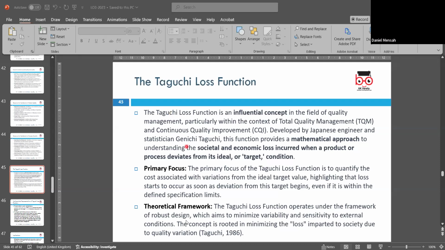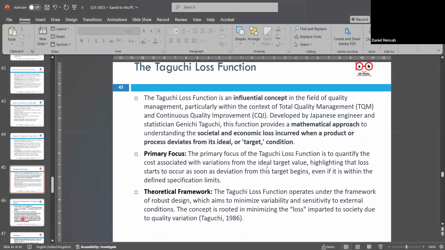If your processes are not stable, every time problems are arising, every time some kind of variations are happening there, so it means they are not producing quality output.